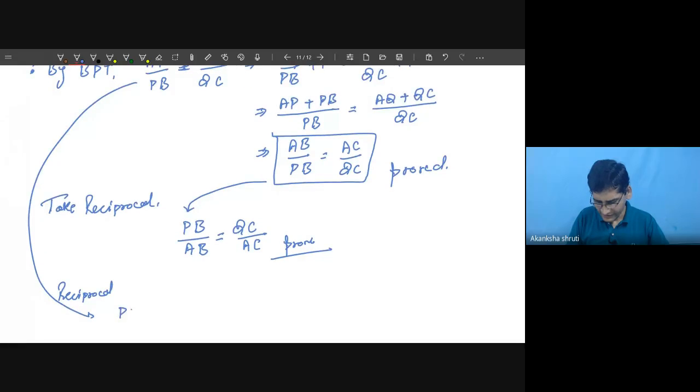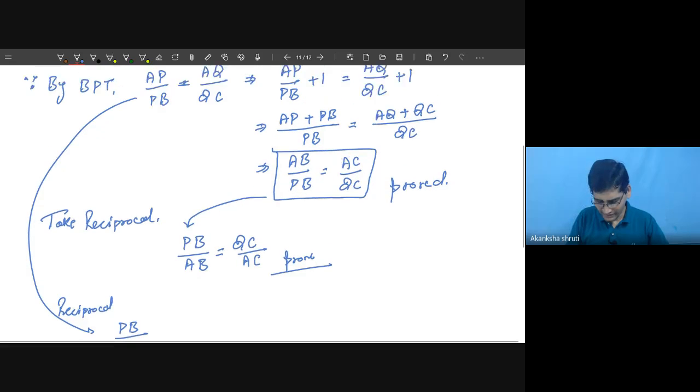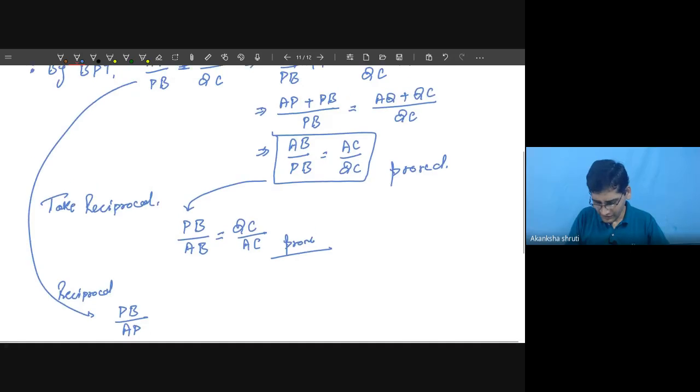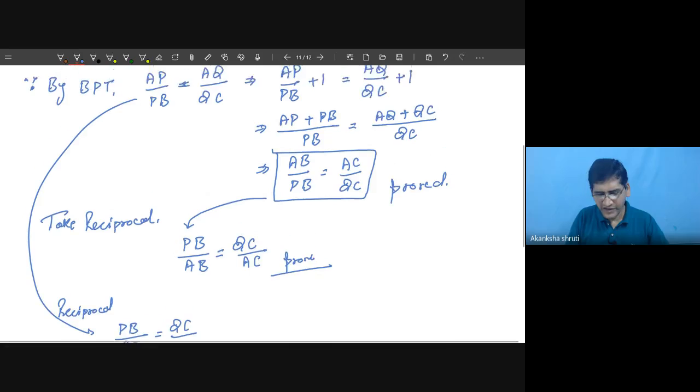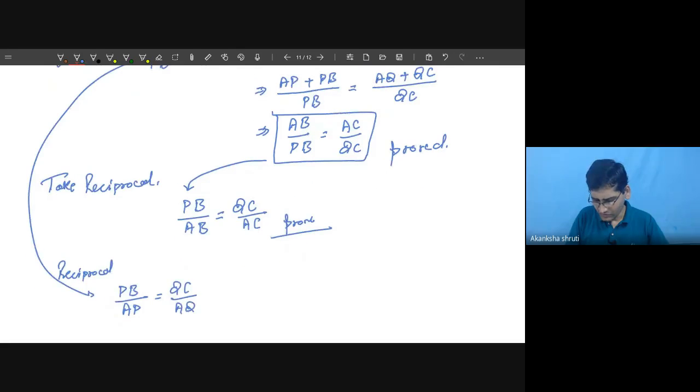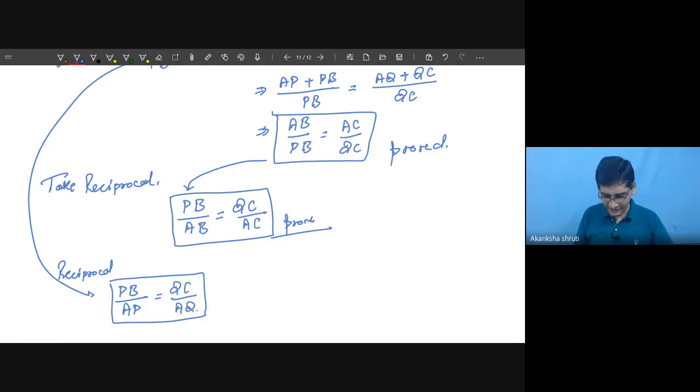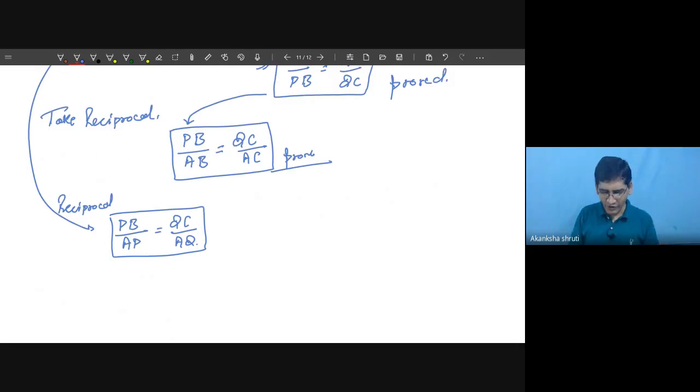Means we can write PB by AP is same as QC by AQ. It is the other ratio that we can write. So all these are the possible ratios that we can write. Even if we apply the componendo in this case, then we will get the new ratio, whatever is required: PB by AP adding 1.